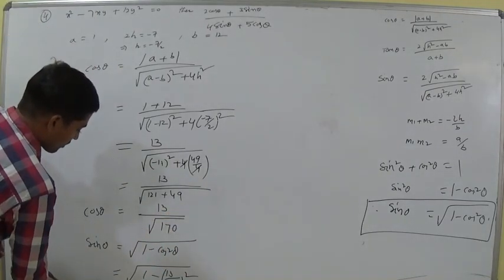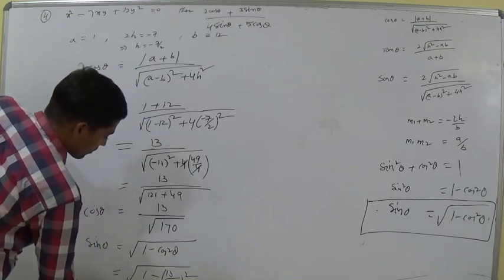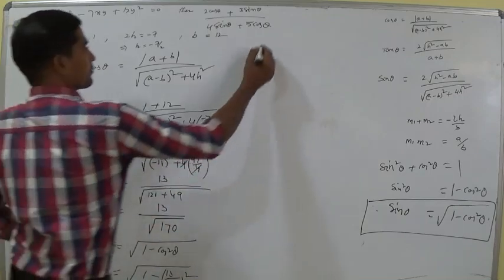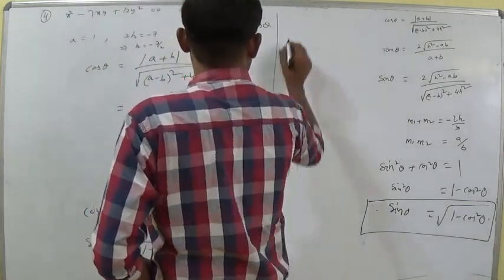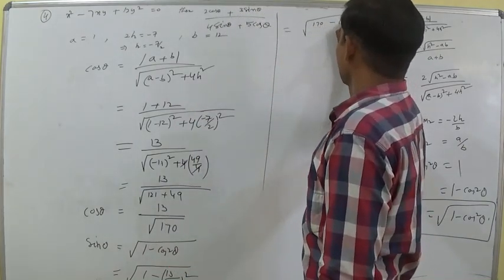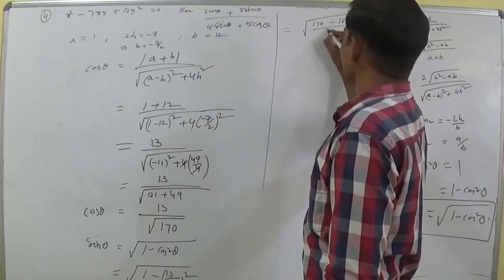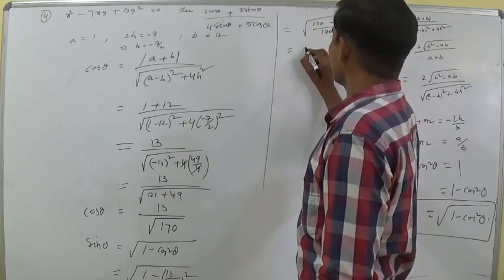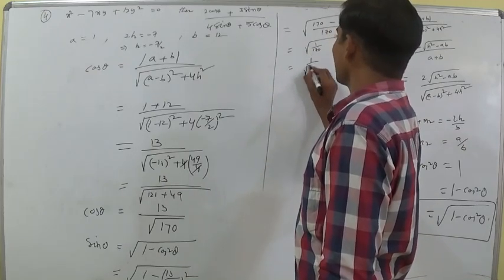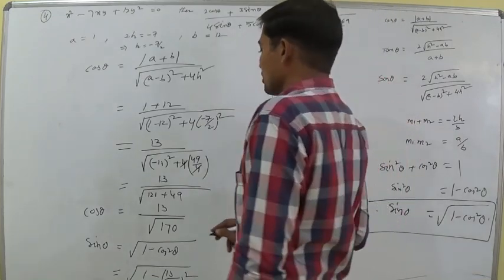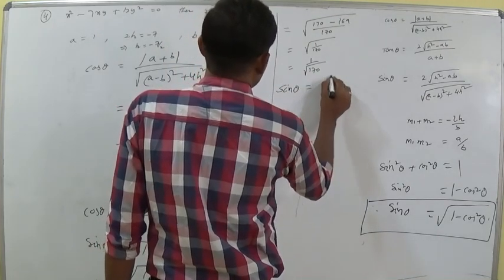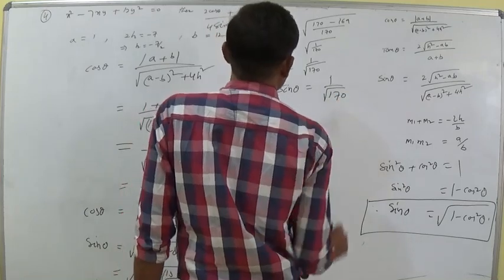So which is equal to square root of 1 minus 169 by 170, which is equal to square root of (170 minus 169) by 170, which is equal to root 1 by 170, which is equal to 1 by root 170. So sin theta is equal to 1 by root 170. Clear?